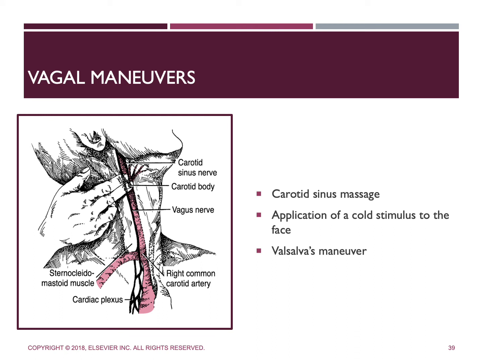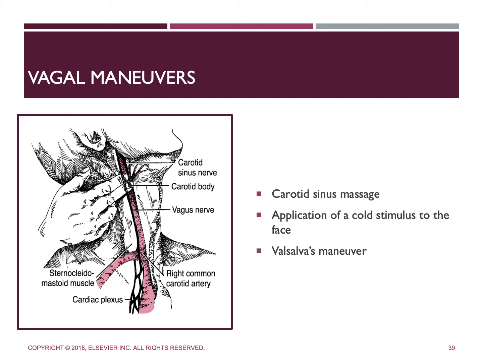So vagal maneuvers are methods that are used to stimulate the baroreceptors in the internal carotid arteries and the aortic arch. The stimulation of these receptors results in reflex stimulation of the vagus nerve and the release of acetylcholine.